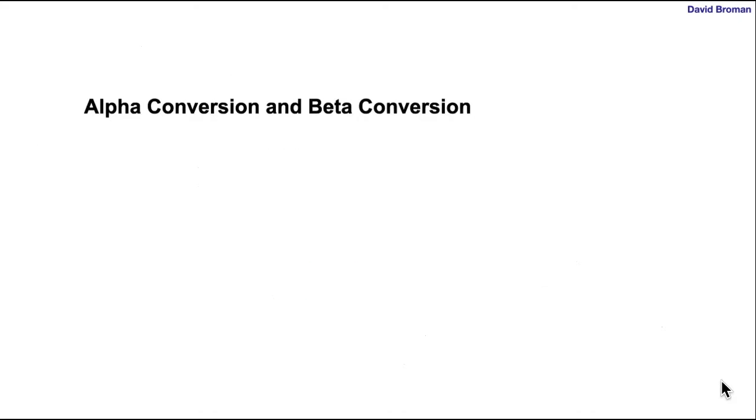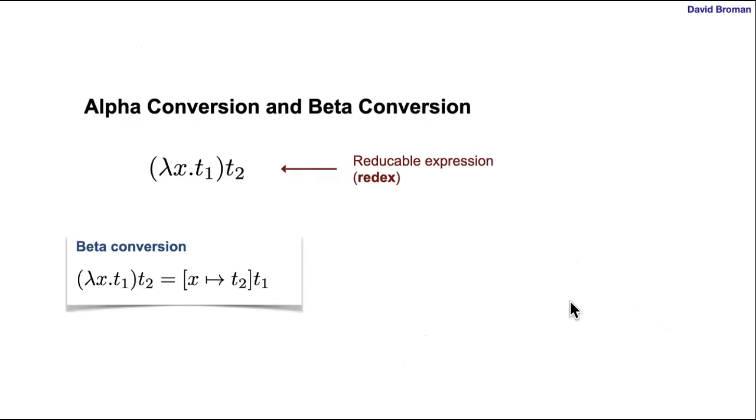So there are two main rules or conversions in the lambda calculus, the alpha conversion and the beta conversion. The key thing here is about a redex, a reducible expression. So this is a lambda here. It's applied to a term, and this is called a redex. So the beta conversion is basically making a function call. It takes this function here, which is anonymous.